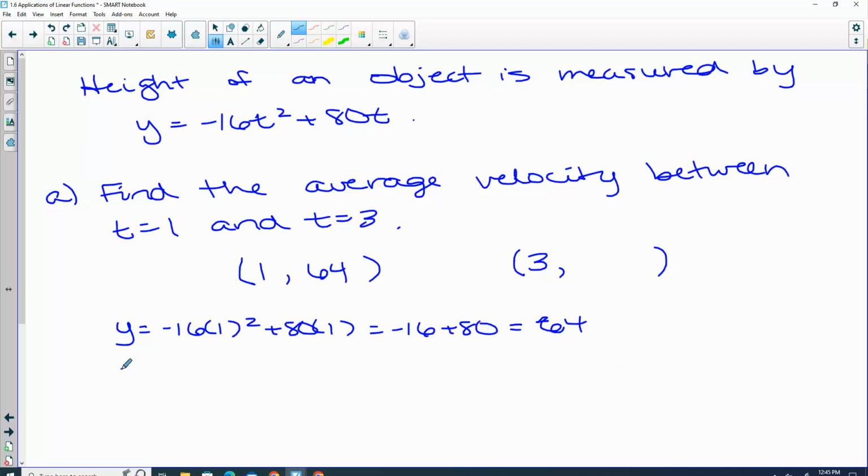If I put in a 3, without a calculator. Negative 16 times 9 is negative 144, and 80 times 3 is 240. Order of operations. So 144 plus 240 is 96.